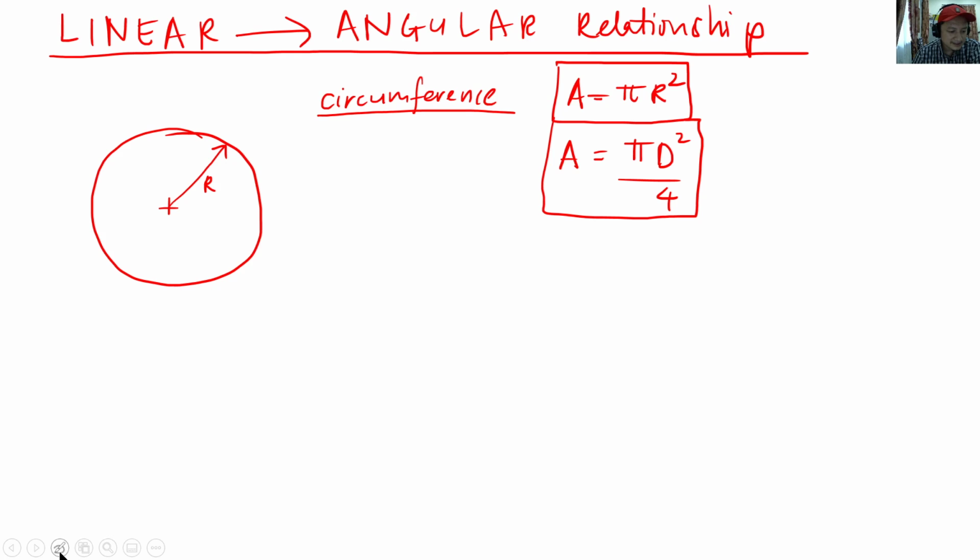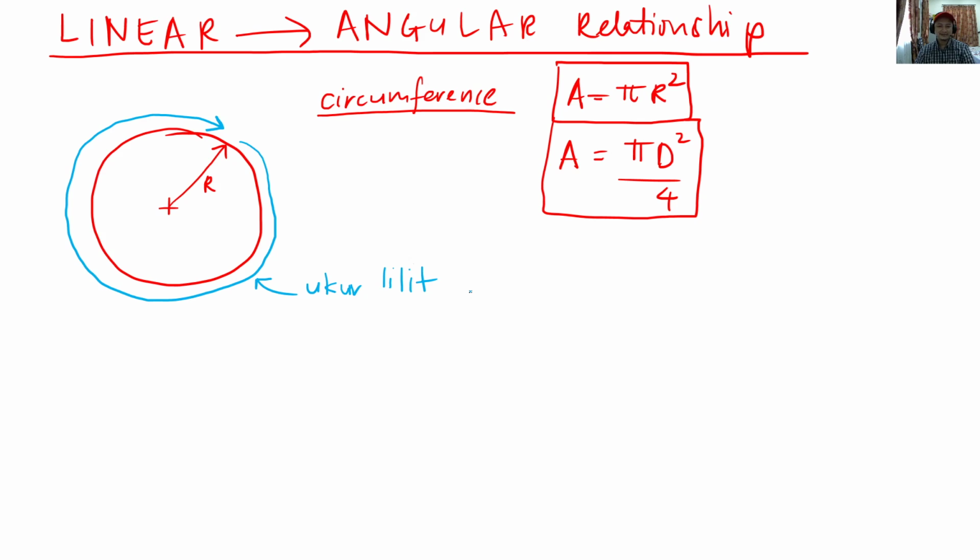What is a circumference? Circumference is this distance. In Malay, we call this ukur lilit. So in English we call it circumference.